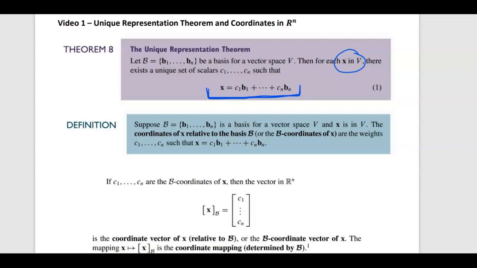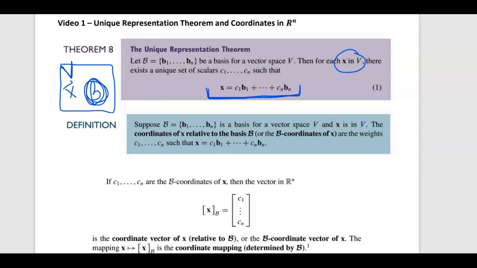So what does that mean? If you have a space V and you have your basis here in your set B, then any other x in that space must be a unique linear combination of the vectors in the basis.